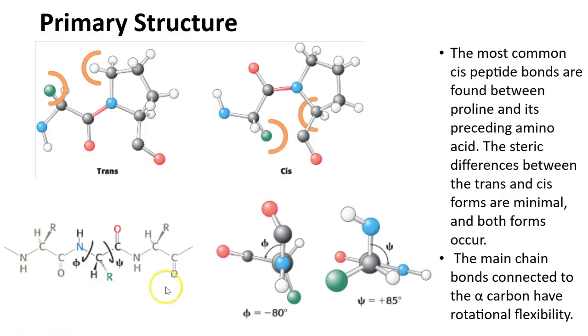And then also there is some rotational flexibility that can happen at the alpha carbon right here. Remember, the alpha carbon is directly connected to that carboxyl group that was there. So this is the alpha carbon, and then from there you can have rotation happening on the bonds connected to that alpha carbon.